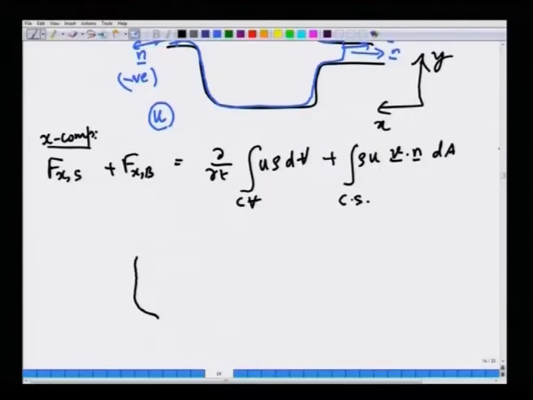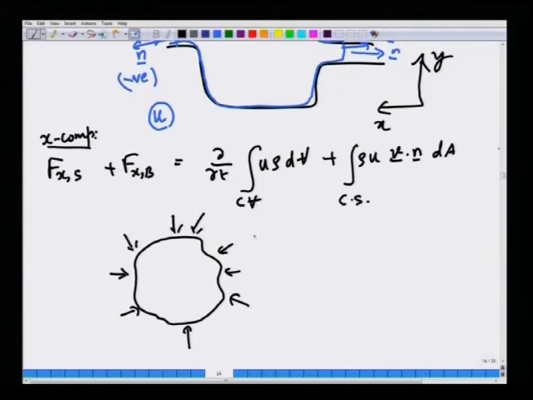Now, another thing we pointed out is that suppose you have a closed surface, and there is uniform pressure acting on the closed surface. Everywhere on the surface there is a uniform pressure. For example, you may have a system or a control volume which is uniformly exposed to atmospheric pressure.